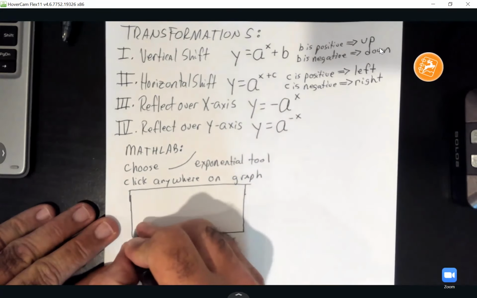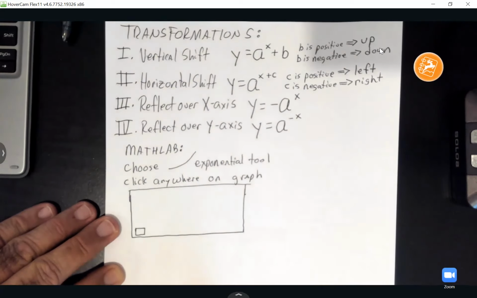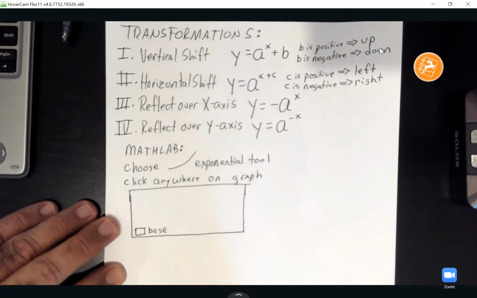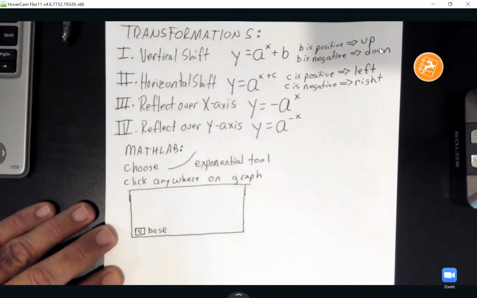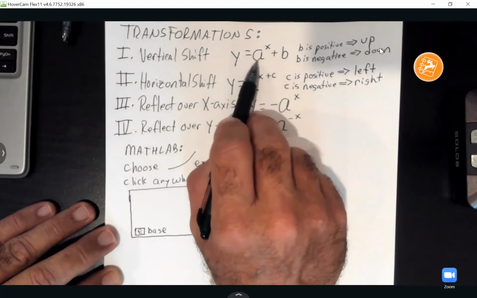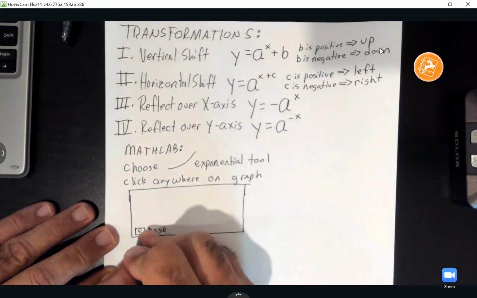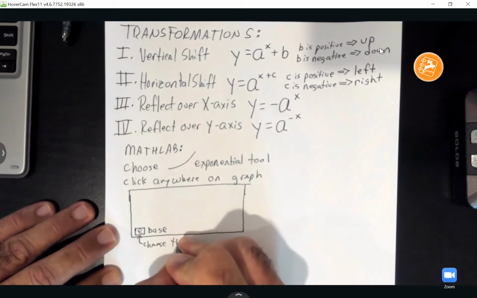But y'all, the main thing down here in the left corner, it's going to say base. Now, the base by default is going to have that little e in there. So we need to change the base to whatever number ours has in the function. So you got to remember to change the base down here.